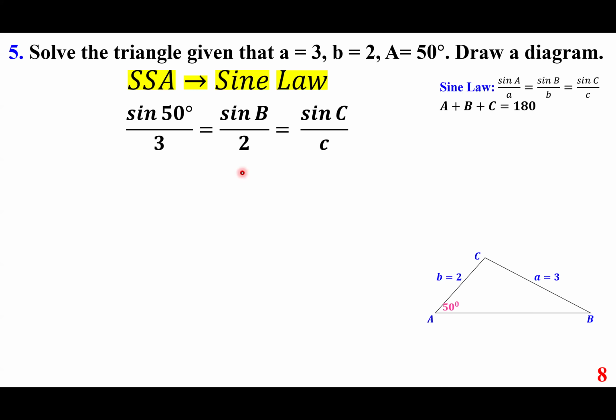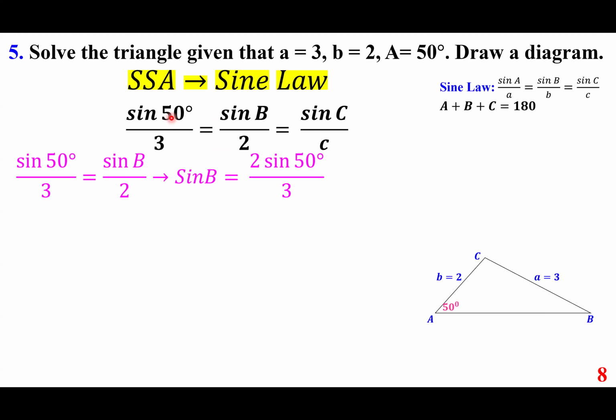So we can use these two and do the cross product. Sine B is the product of these two divided by 3, 2 sine 50 divided by 3. You put that into a calculator and you end up with 0.511.